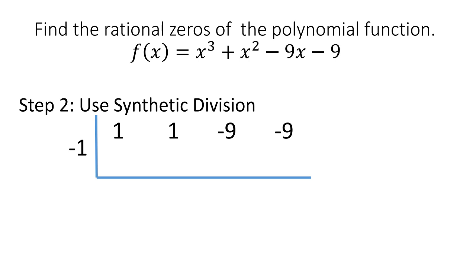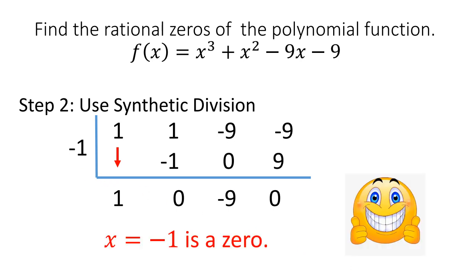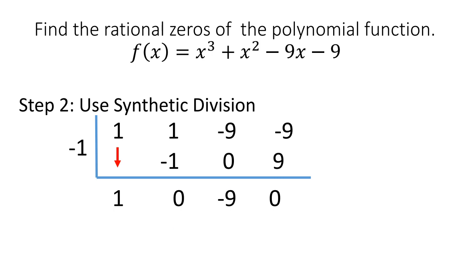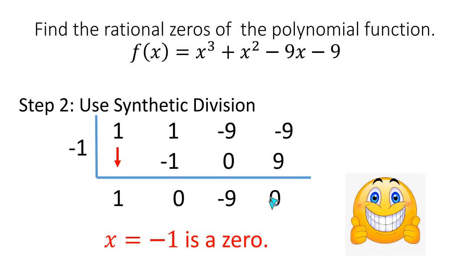So how about -1? So I bring down the 1. 1 times -1 is -1 plus 1 is 0 times -1 is 0 plus -9 is -9 times -1 is +9. Oops, I went too fast. Well, so now you can see it's a zero, so that's going to make us happy.